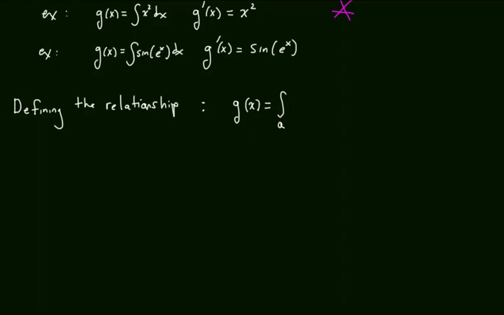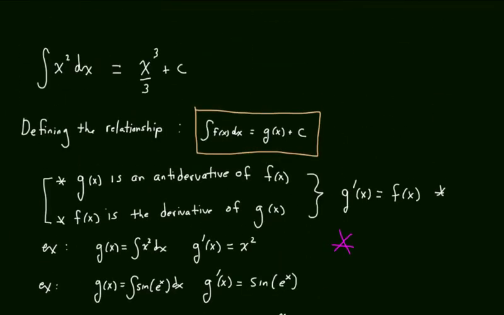The lower bound will be a. Now a can be any constant, and the upper bound is going to be the variable x. And because I put a variable in the bound, I have to put a dummy variable, f of t dt. This is a fancy way of saying what we already said up here.